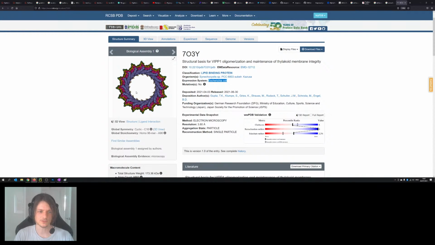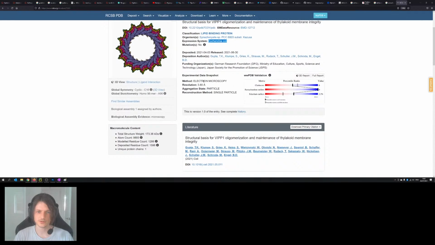Oh, that's beautiful. General Research Foundation. Data snapshot. Electron microscopy. Yeah, I really want to buy one of these. They're expensive. Metric. Clash score. Percentile ranks.